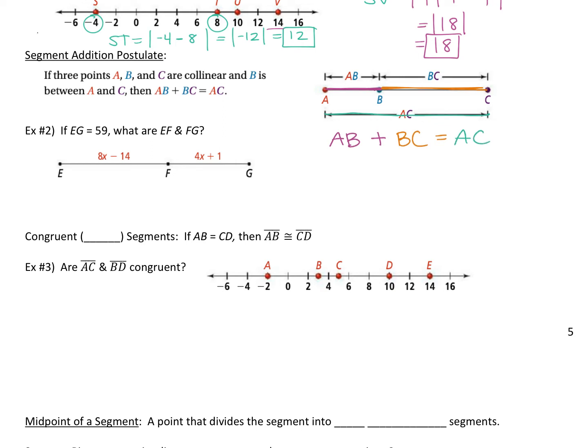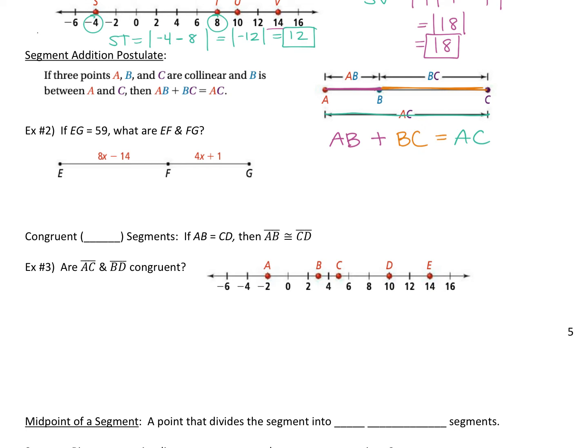I did it this morning with my other class, with my arms. Here is an entire segment from fist to fist. Elbow to this fist is one segment, elbow to this fist over here is another segment. If I add those two segments together, I get fist to fist, the whole thing. So, segment addition postulate.